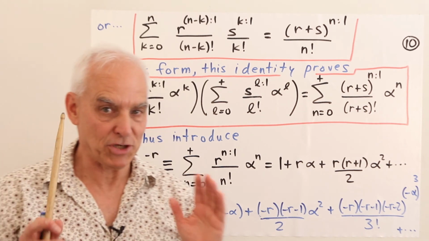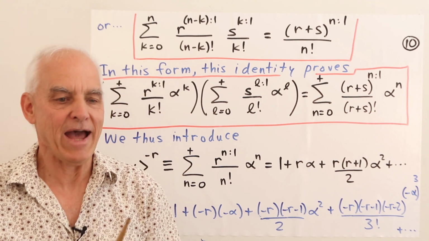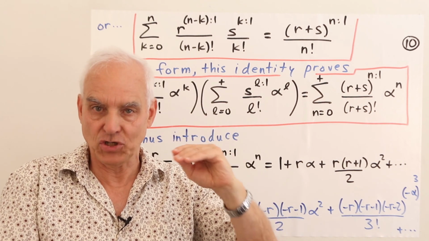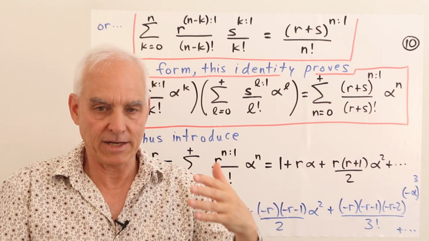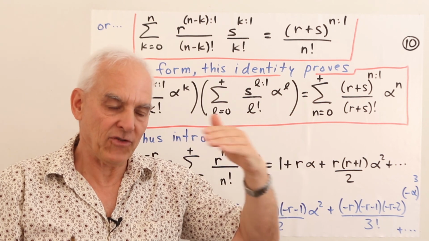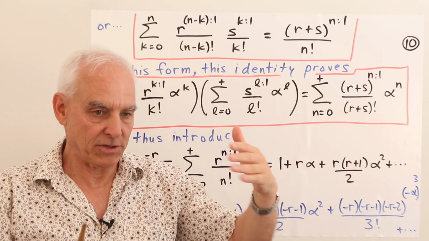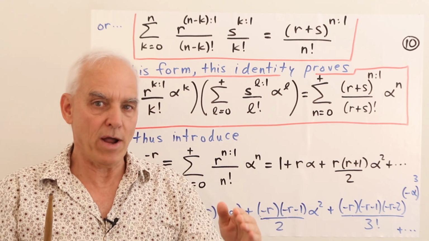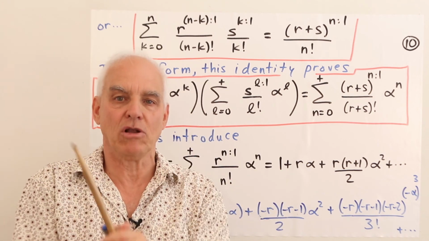Great, so we've accomplished a lot today. We've had, first of all, an extension, a unification of these three different Chu-Vandermonde identities. And we've seen that just as the first one gives us the Newton Pauli series identity, which is basically the generalized binomial theorem, the second one introduces the exponential Pauli series.